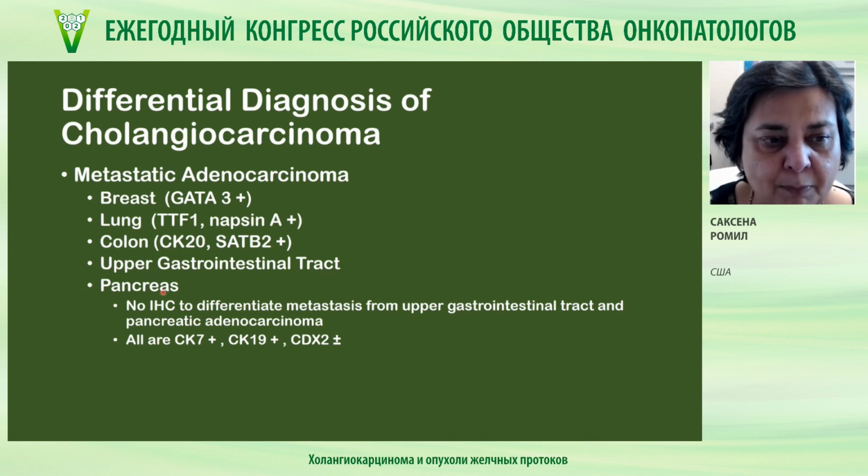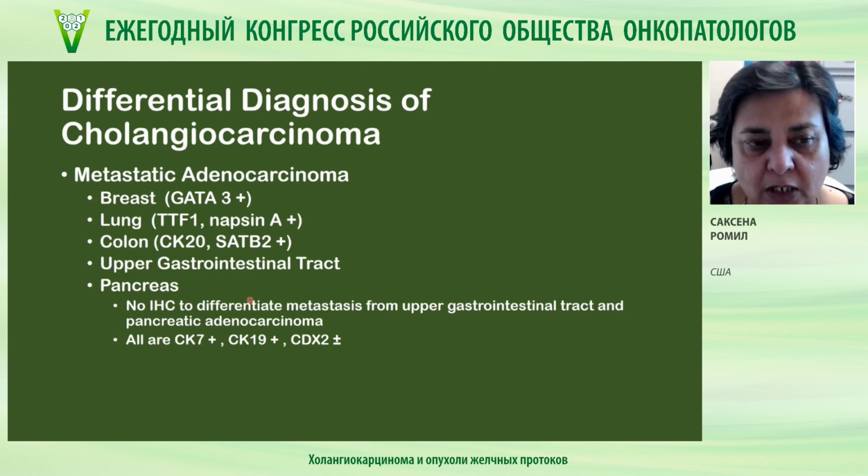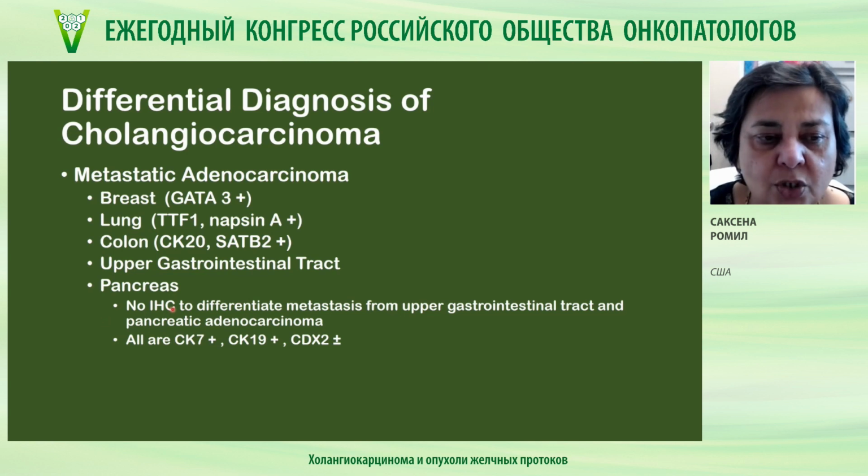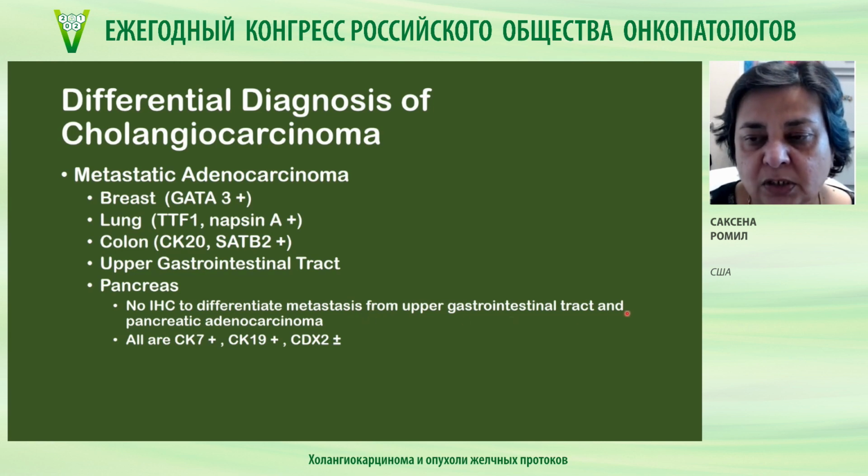Now, the problem arises if you have metastasis from the upper gastrointestinal tract, like the esophagus, the stomach, and the pancreas, because these share immunohistochemical markers with cholangiocarcinoma, and there is no immunohistochemical stain to differentiate metastasis from the upper gastrointestinal tract and pancreatic adenocarcinomas from cholangiocarcinomas, because cholangiocarcinomas, pancreatic adenocarcinomas, as well as esophageal and gastric cancers can be positive for CK7.